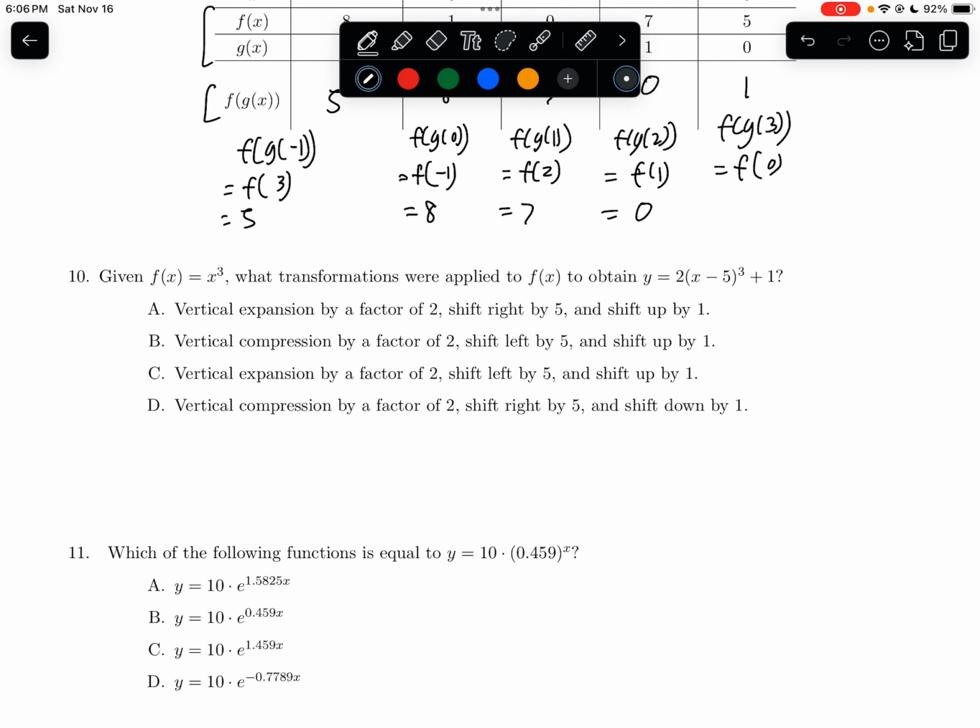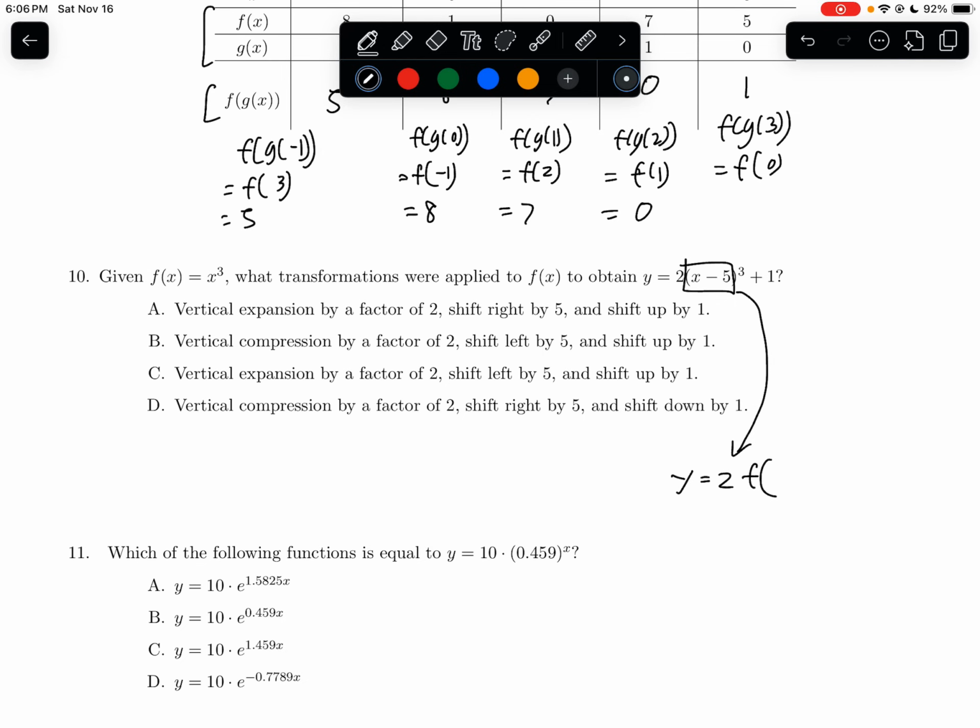Given this function x cubed, what transformations were applied to obtain this? Well, you can just start to do these questions. Another strategy might be to write out what this is in terms of f. We're still taking something to the third power, but we're multiplying it by 2, so this is a good indication that there's a 2 in front.